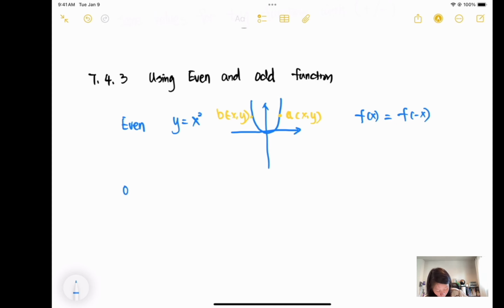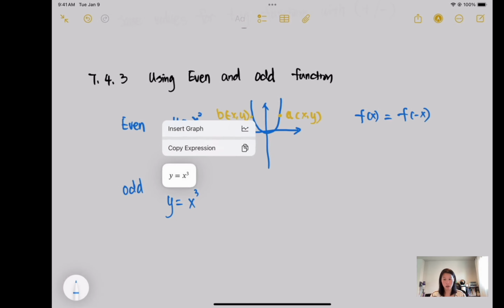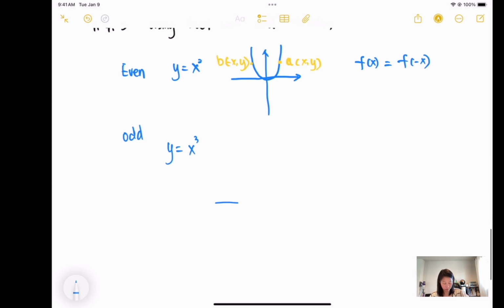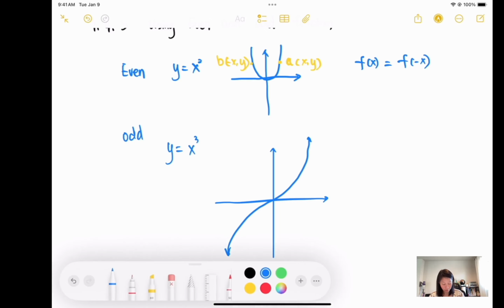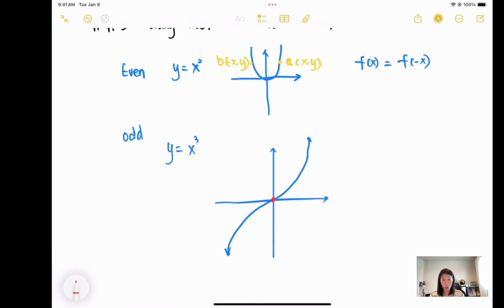So, odd function. The most common odd function is the cubic function. So what does a quadratic function look like? The quadratic function is here, and this, not the quadratic function, is the cubic function. The cubic function is symmetric over the origin.